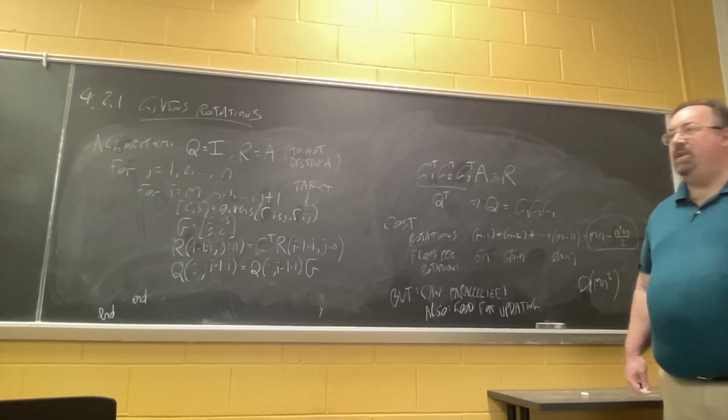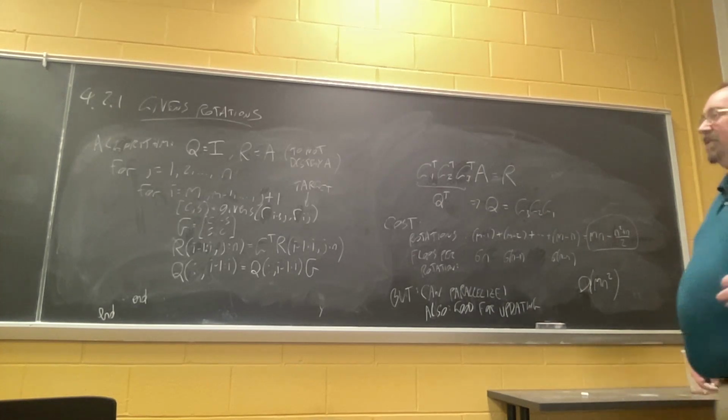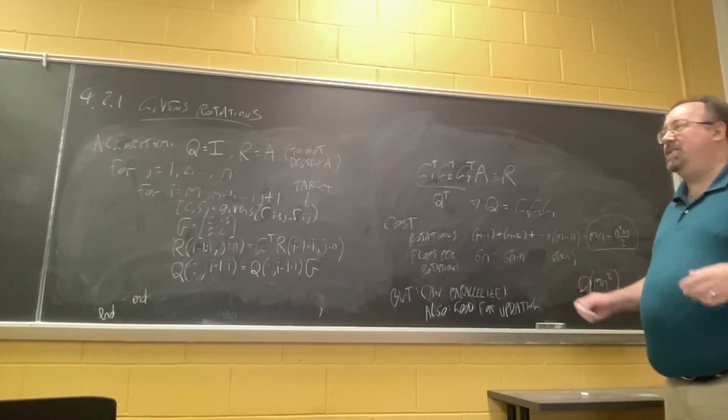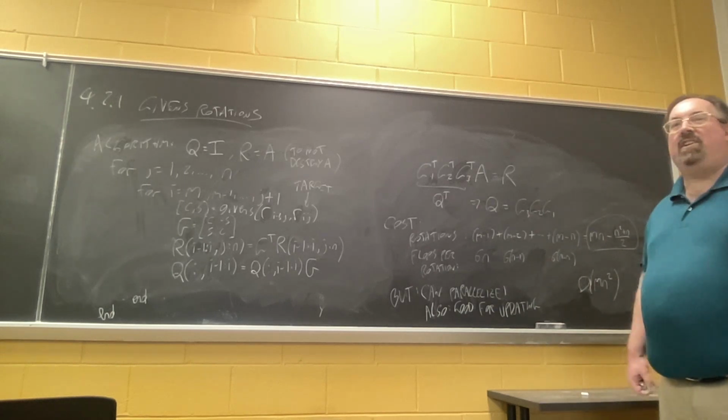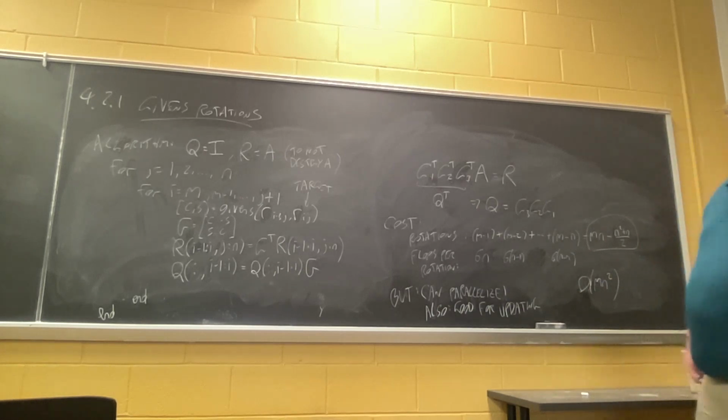You can use a few Givens rotations to update that QR factorization to account for the change. We're going to see other approaches to QR factorization in the next two classes, and those are not as good for updating, because each Givens rotation has very little effect. It's a very targeted operation, so it's more flexible.